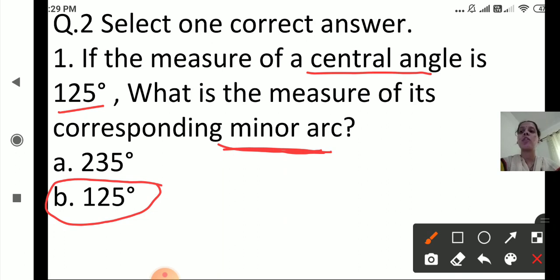The central angle given in the question is 125 degree, so the measure of the minor arc is also 125 degree. Hope you are clear with this.